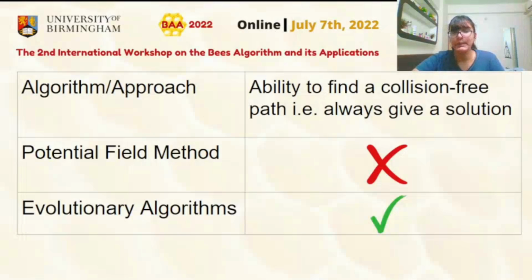Another one is the inability to find a path between two closely placed obstacles. Even in the modified versions where these issues are taken care of, the direction of motion can get difficult to decide upon. All in all, it may not always give us a solution. And thus, the problem now boils down to comparisons among evolutionary algorithms that Satyam will be elaborating upon.